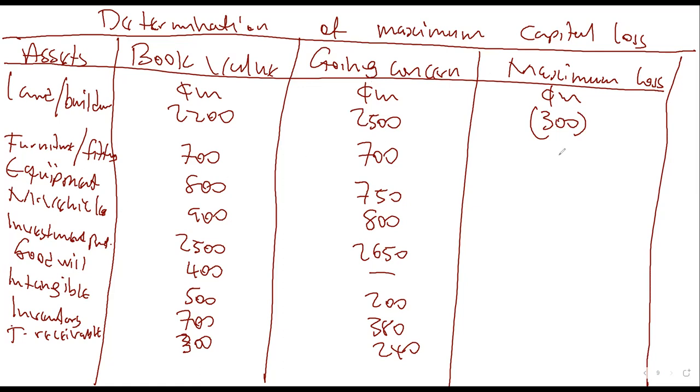Furniture and fittings is the same, so the answer will be dash. 800 minus 750 will be 50. 900 minus 800 will give us 100. 2,500 minus 2,650 should give us 150 negative. 400 minus that should give us 400.